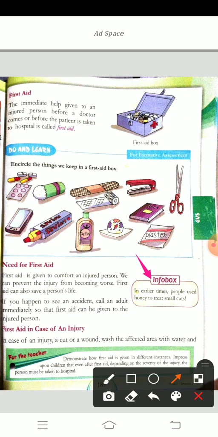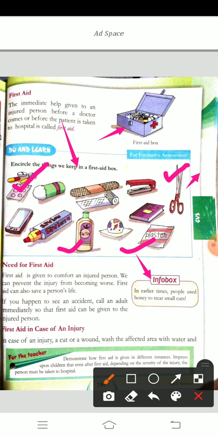And look at your box. Encircle the things we keep in the first aid box. Which things are necessary for the first aid box? Scissors, okay. Medicines, okay. Savlon, Dettol, okay.